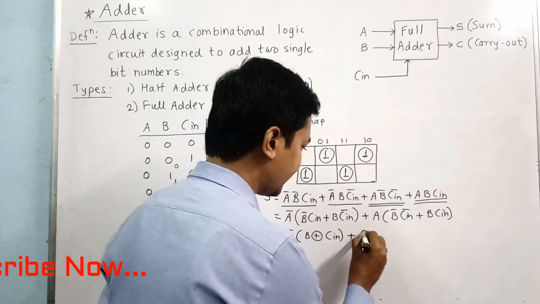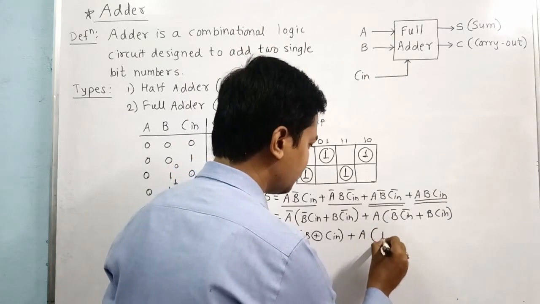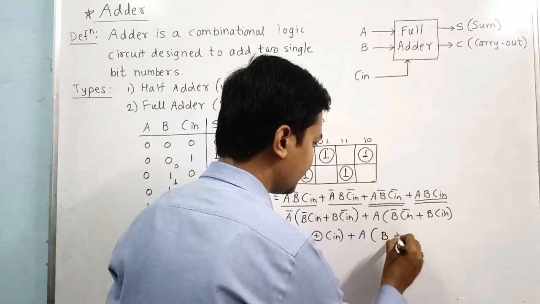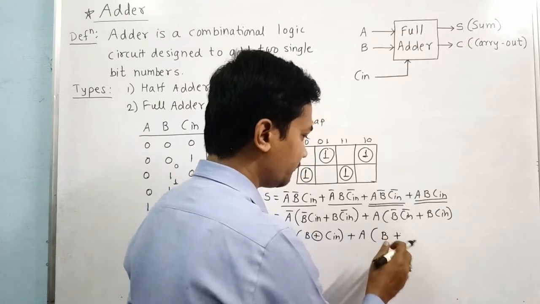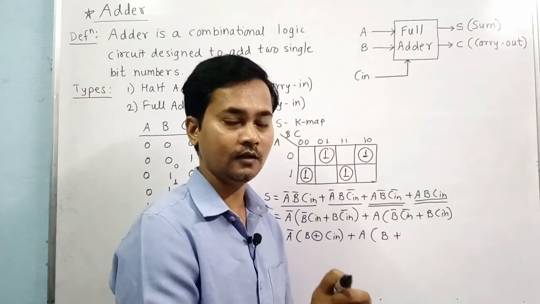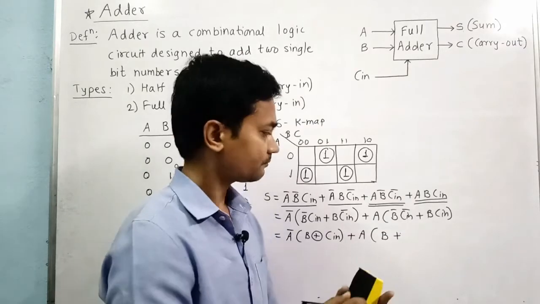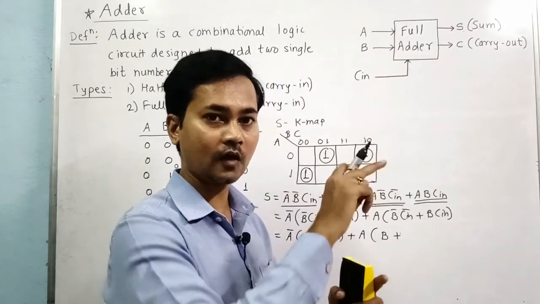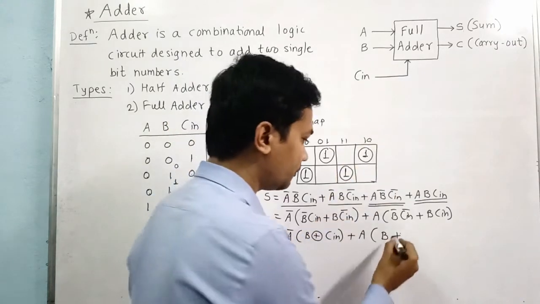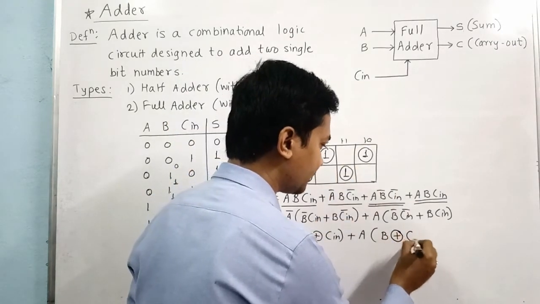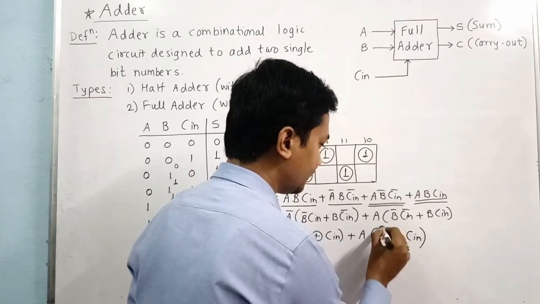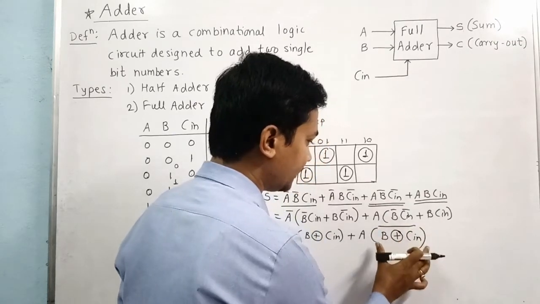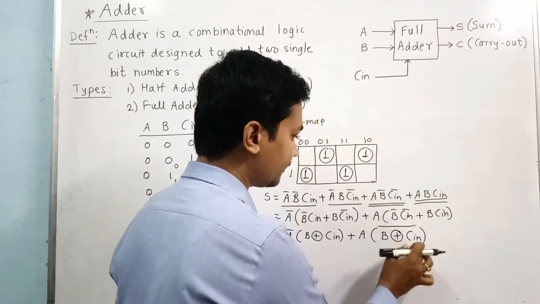So here I can write a, b. Now here XNOR means what? We will not write the XNOR symbol directly, but I will simply use the XOR operation, and the bar of that XOR means XNOR. So b XOR with c in and bar of this expression is the XNORing of b and c.